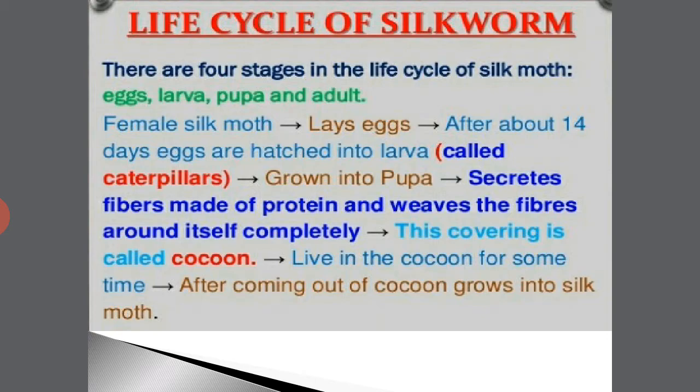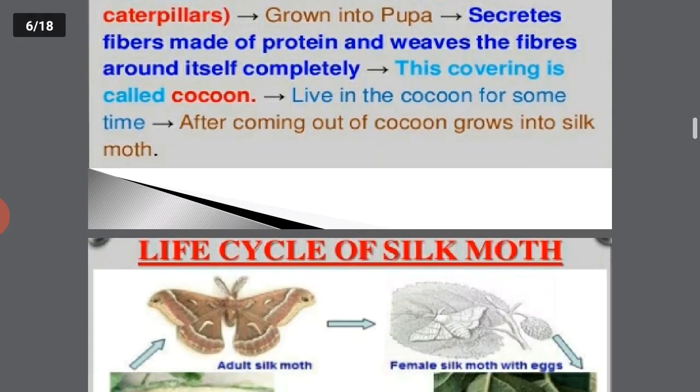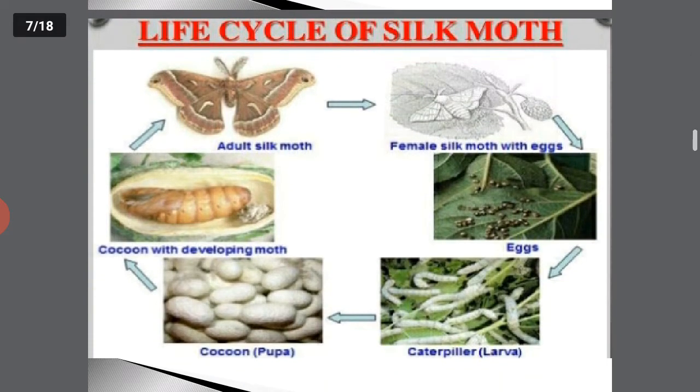The female silk moth lays the eggs, and after 13 to 14 days the eggs are converted into larvae, also called caterpillars. The larva grows into a pupa that secretes a fiber made of proteins and weaves it around itself completely. It makes a cover around itself, known as a cocoon, and lives in the cocoon for some time. After coming out, it grows into the silk moth. This is the life cycle of the silk moth.